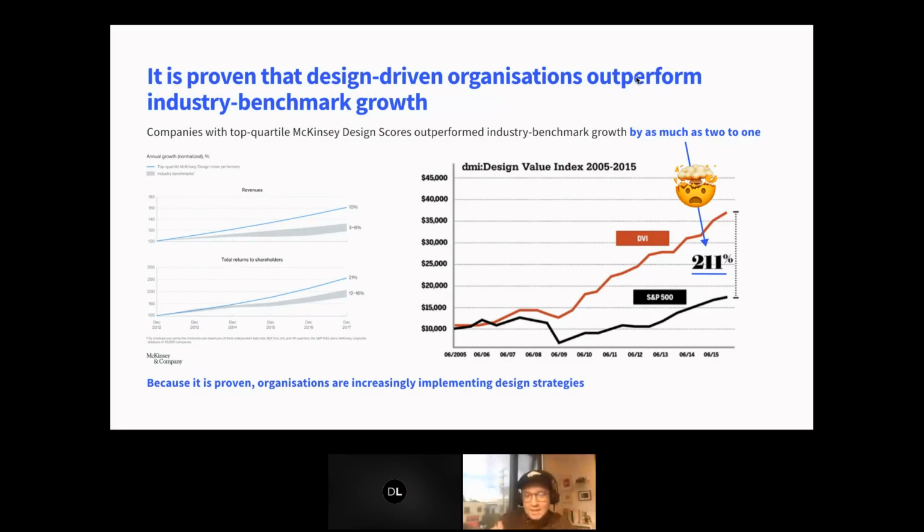So design and data should go hand in hand, and by doing so, you're able to really eclipse those competitors. We can see here, even by the report from McKinsey, that organizations that foster this design-driven environment, implementing design strategies and growing their design teams, are able to outperform their competitors by as much as 2x.